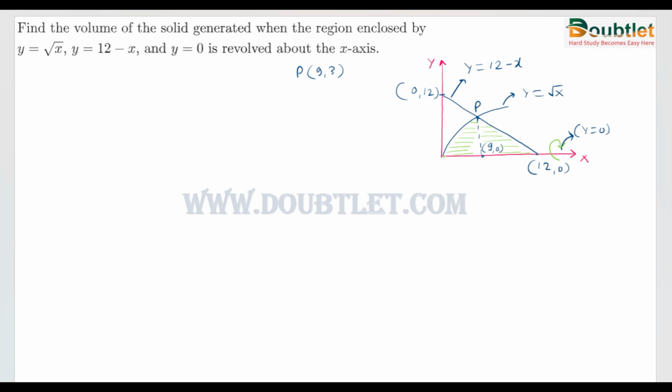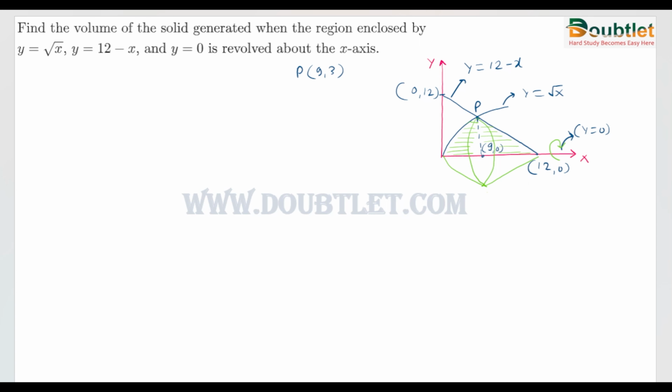If we revolve this region around the x-axis, we will get a point here, this curve will be like this, and this will be a straight line. So there will be a circular cross-section for the volume, and this is like a paraboloid and this is the cone. Now we have to find the volume of both.